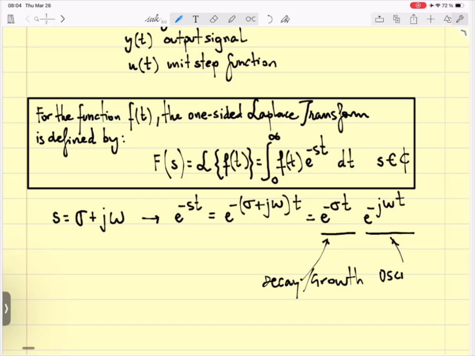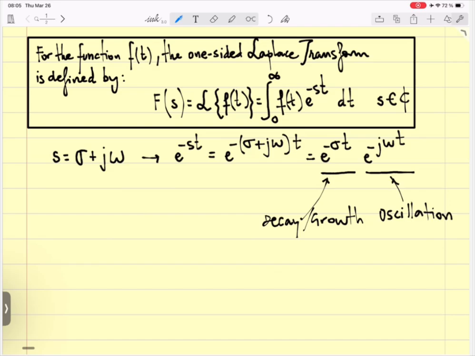This we have already seen in the first lecture. Okay, so this is a definition, and we take it from here. And now we apply the Laplace transform to many useful functions.